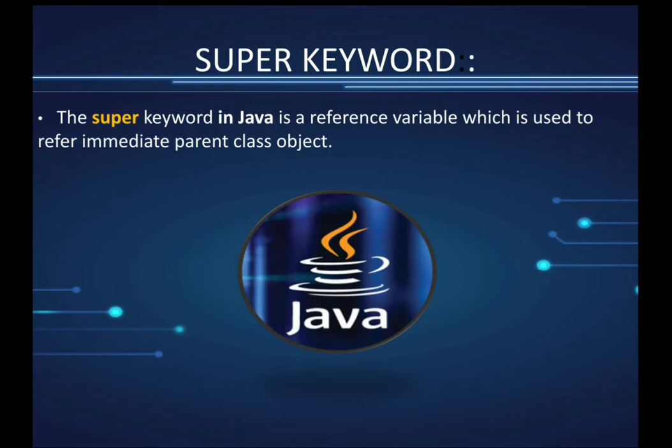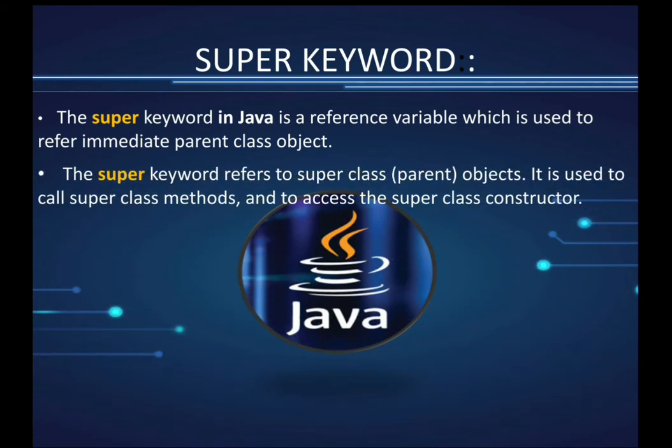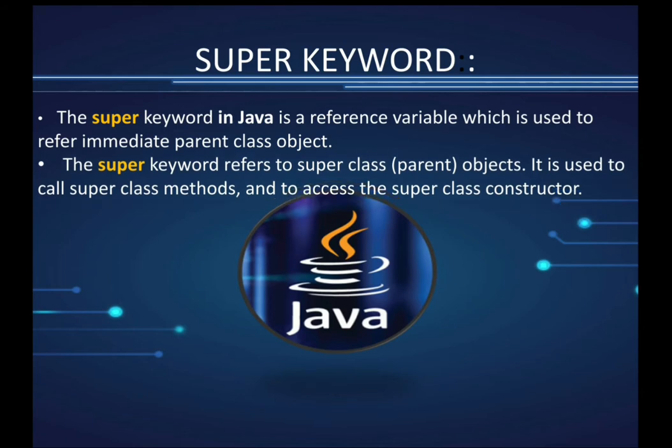Whatever immediate parent we are using, the super keyword is going to follow the reference of that class. The super keyword refers to a superclass, that is the parent, and it is used to call superclass methods and to access the superclass constructors.